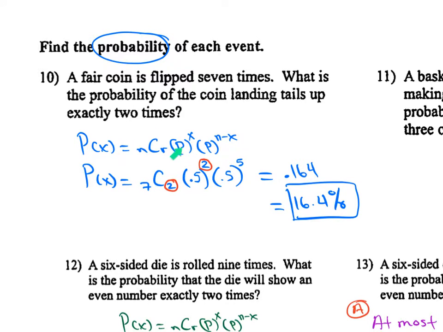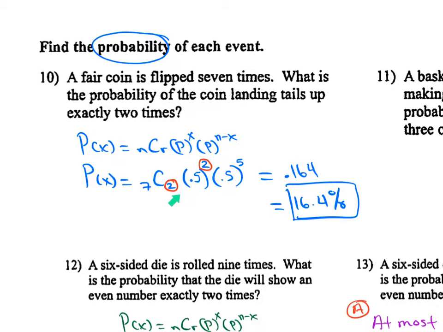And then the probability of success is 50%, because when you flip a coin, you have a 50-50 chance of tails landing up. So that's 50% success raised to the second power, because you want it to happen twice. And then there's also a 50% failure possibility, and that could happen 5 times. So that's raised to the 5th.